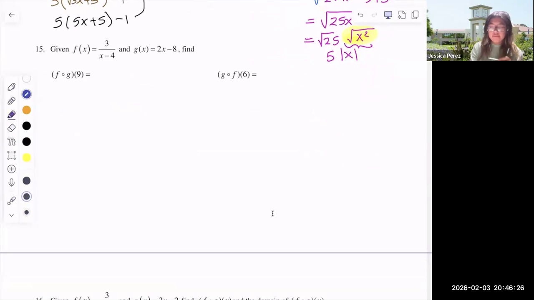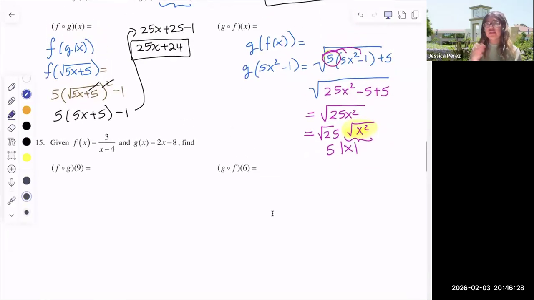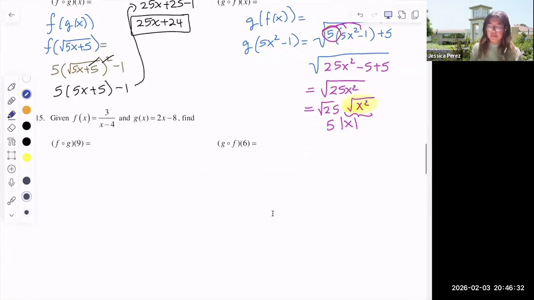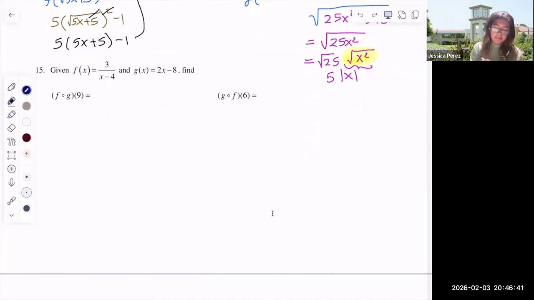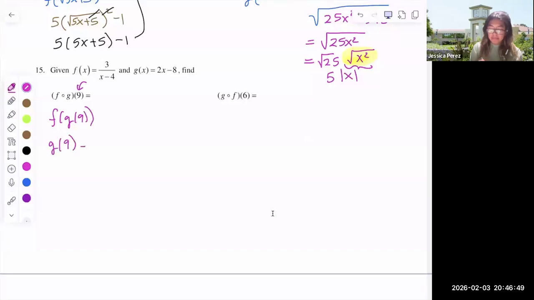Moving on to question 15. Hopefully you guys are tracking all of the notes and the solutions. Now let's evaluate. This one's a little bit different because it's asking you to evaluate at a particular value. So this means f of g of 9. You first have to find g of 9, which is 2 times 9 minus 8, which is 18 minus 8, which is 10.